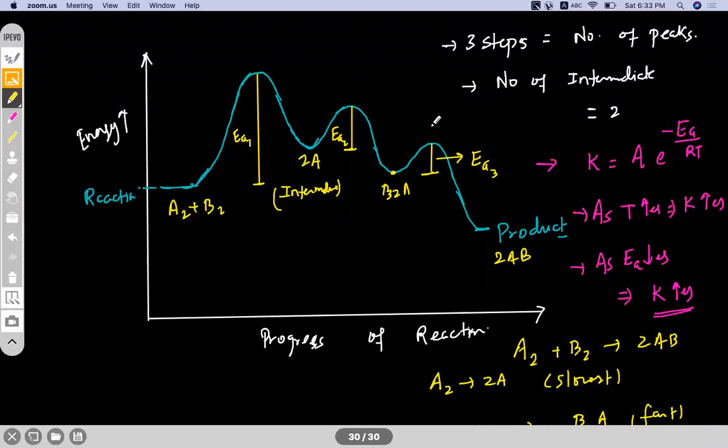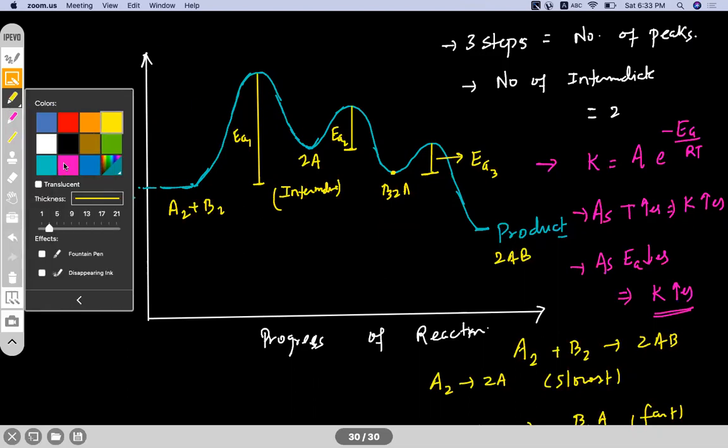Concept you can understand. Okay, so what I said, as activation energy decreases, K increases. K increases means rate of the reaction increases. So based on this activation energy that you have here for the 3 steps, which one is the slowest step?